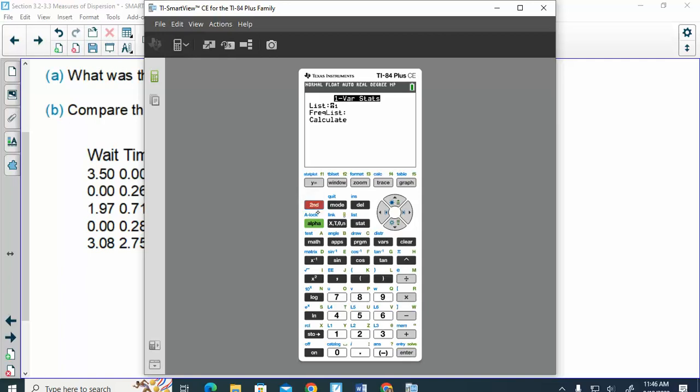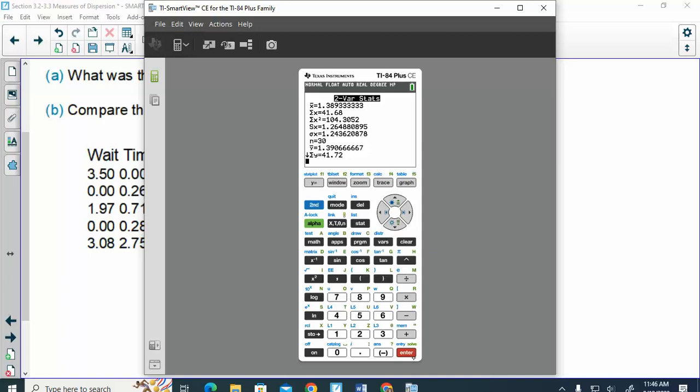We also have the option, you could go to stat, calculate, two variable statistics. So the X list is L1, the Y list is L2. It's going to use X's for the first list, Y for the second list. And if we calculate, it will give us a bunch of information for both lists.